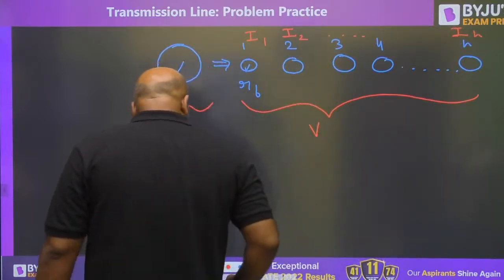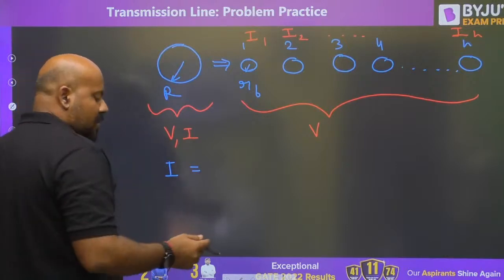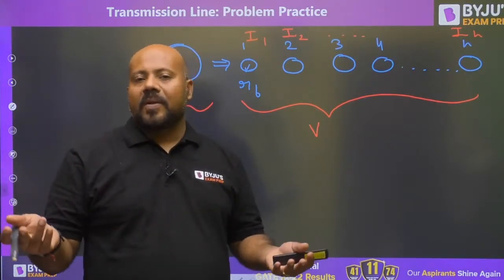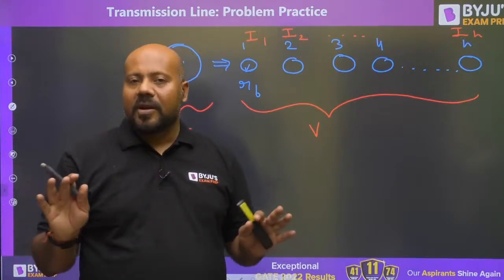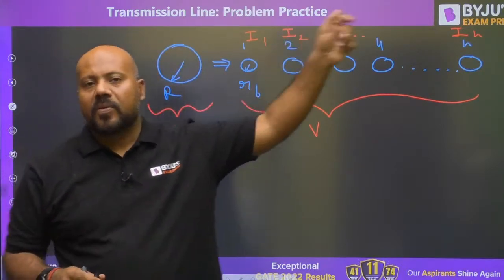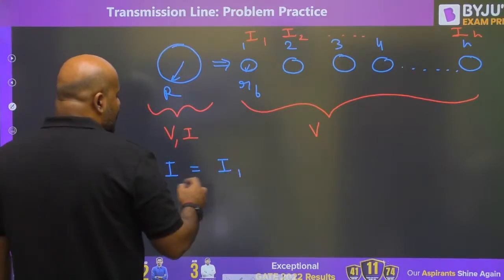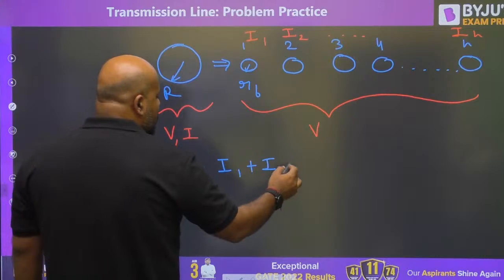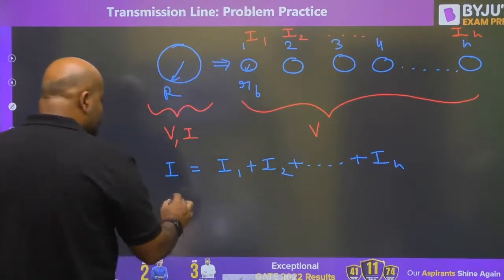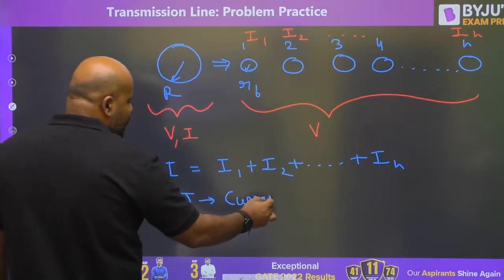So by applying charge conservation, or in one way you can say KCL, actually you are not applying KCL, but if the total current is I, which is divided into I1, I2, I3 up to In, you can simply equate the current as I is equal to I1 plus I2 up to In. Now you know that for the transmission line the current density is constant.